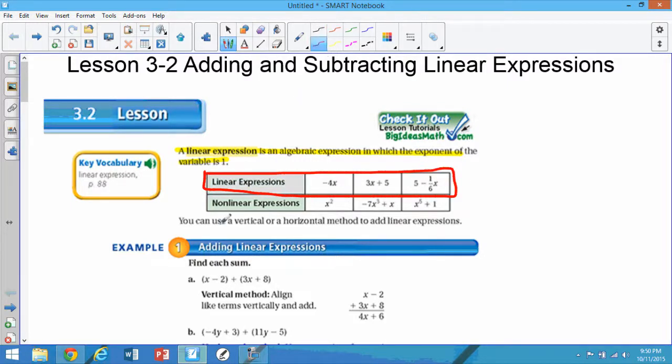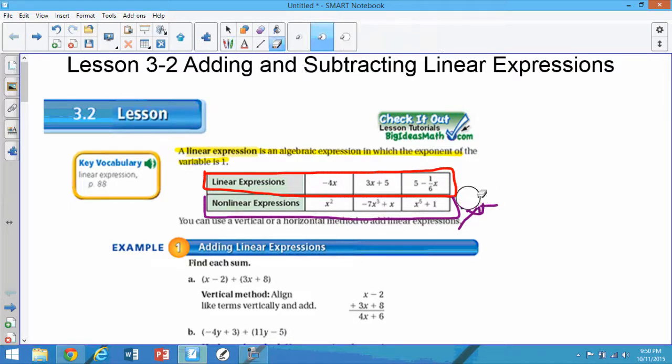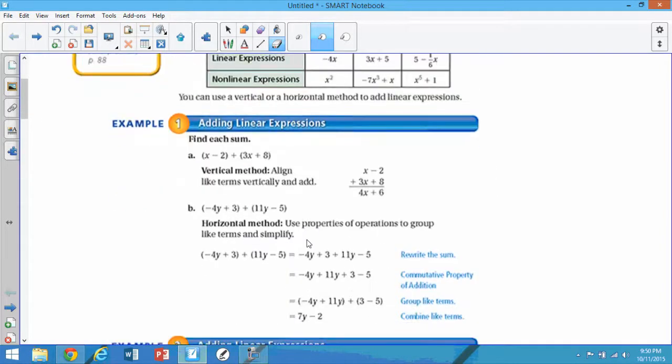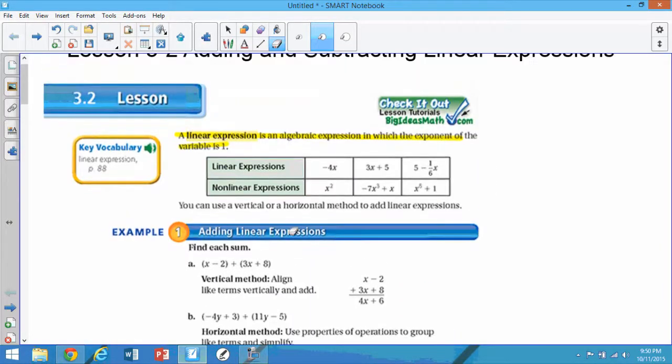And then if you look at the bottom table, all of these are non-linear. They are not linear expressions. So a linear expression is an expression, and in our case, we're going to really pretty much be doing binomials, which means you have two factors or two addends, okay?